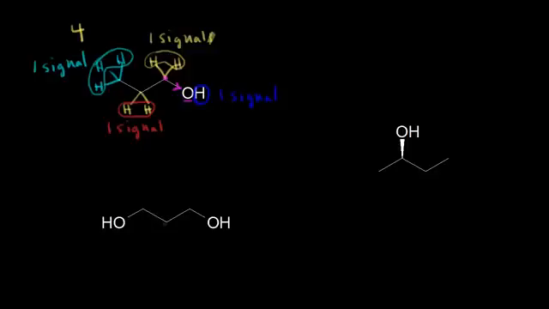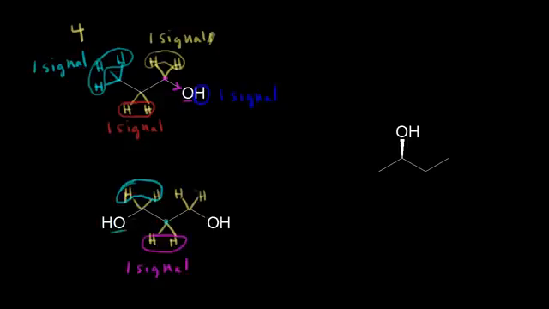Let's look at this alcohol down here. So we have these 2 protons, and these protons over here, and these protons over here. Let's think about that. Symmetry helps for an example like this. These 2 protons are in the same environment. They're between 2 CH2s, and so we'd expect one signal for these protons. So they're chemically equivalent. Let's look at these protons next. These right here are next to a CH2.